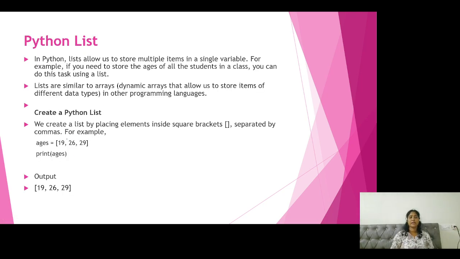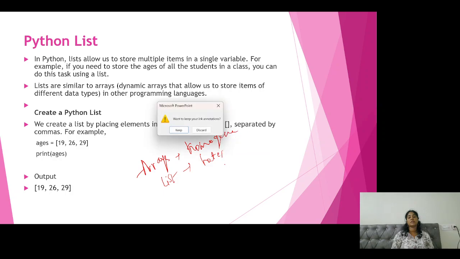Another sequence data type is list, which is a collection of heterogeneous items. It's similar to arrays in other programming languages, whereas arrays store homogeneous data items. List, tuple, set, and dictionary are collections of heterogeneous data items.